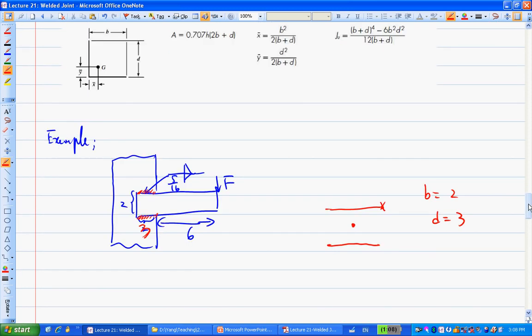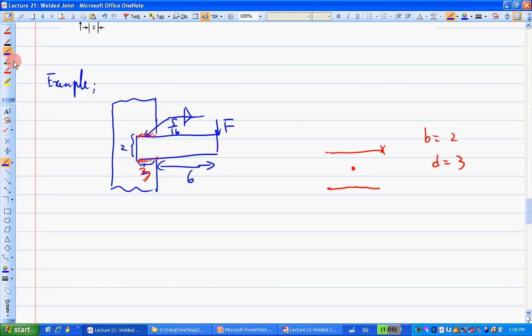So let me use this one for example here. Okay? So now let's calculate. Okay? Suppose that we don't know the F. We'll keep the F as an unknown value right here. Right? So first of all, what's the V? V equal to F. And then what is the T value? F times how much? 6, 7.